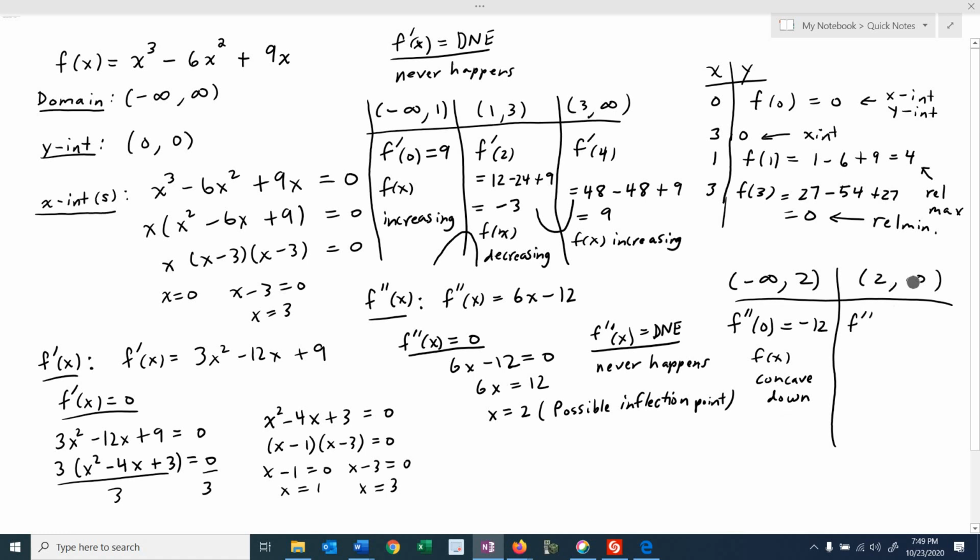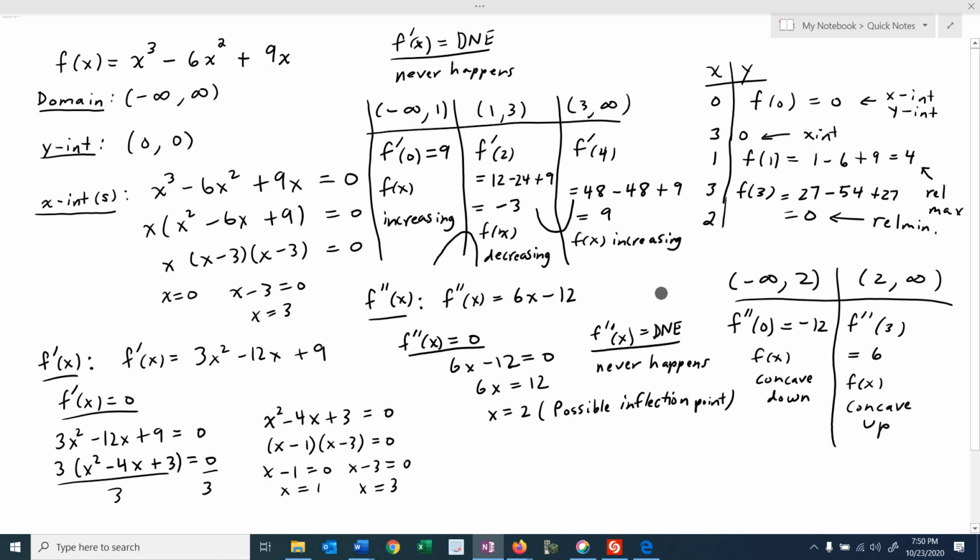Okay, and then let's pick a test point in here like 3 and plug that into the second derivative, and you get 18 minus 12, which is 6. That indicates that the function's concave up. Okay, so you can see that the function is changing concavity right when x is equal to 2, and so this really is an inflection point.